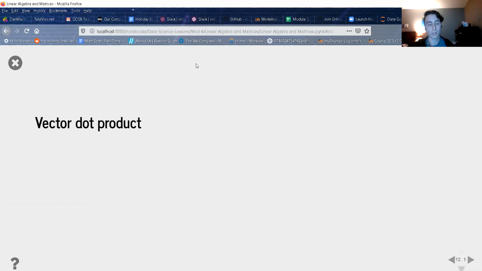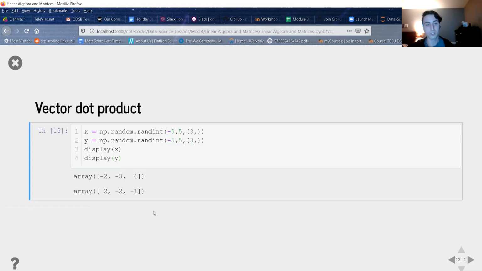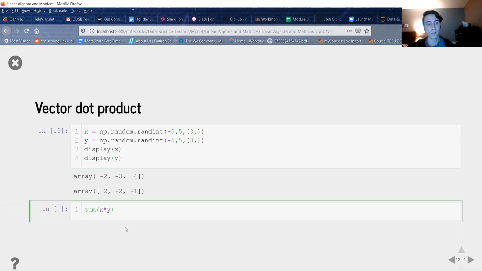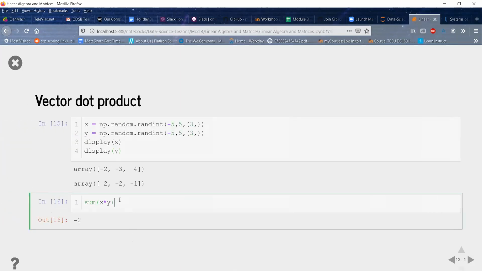All right, and then there's also a dot product for vectors. So we're going to make two vectors here. When you do dot product for vectors, you actually get a scalar value. It's a little bit different multiplication.